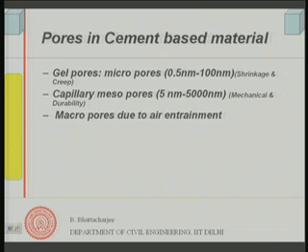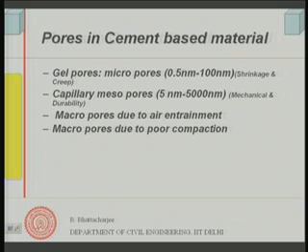Macropores due to air entrainment. If I am using an air entraining agent, there will be macropores due to this, and this is there in concrete normally, and we will discuss this sometime later on. And also macropores due to poor compaction. So, they could be of the order of millimeters. Both these types of macropores can be of the order of millimeters, and may be present in concrete due to poor compaction or air entrainment.